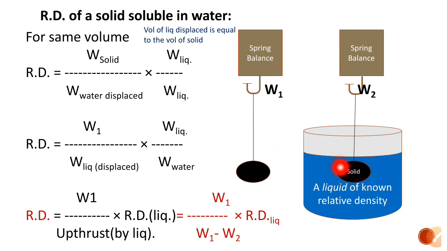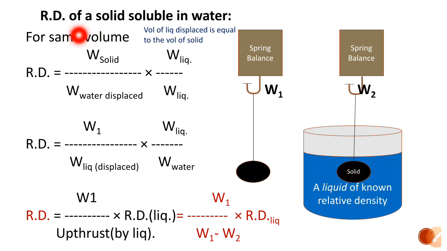The solid is soluble in water, so we can't take it inside water, but we can take another liquid of known relative density in which the solid will not dissolve.